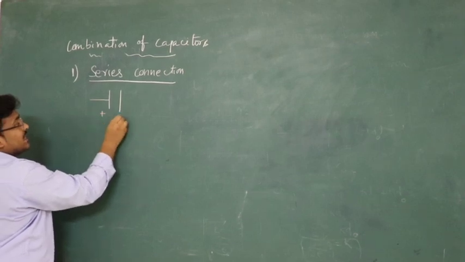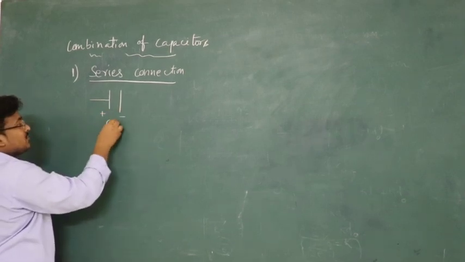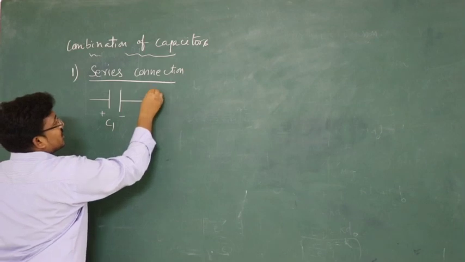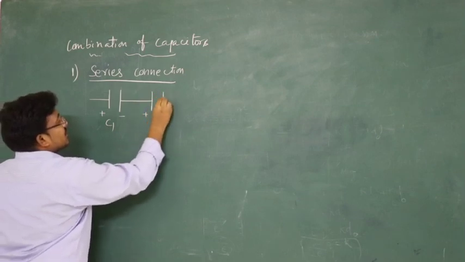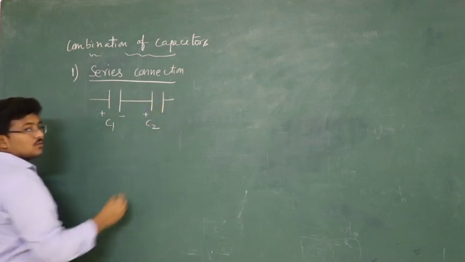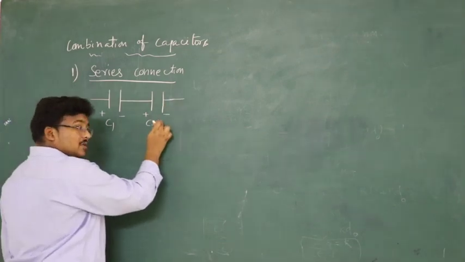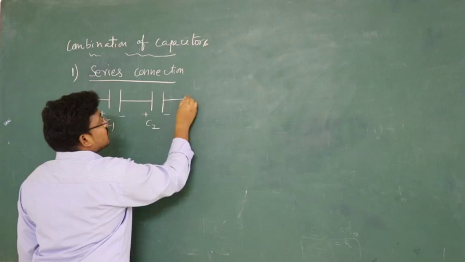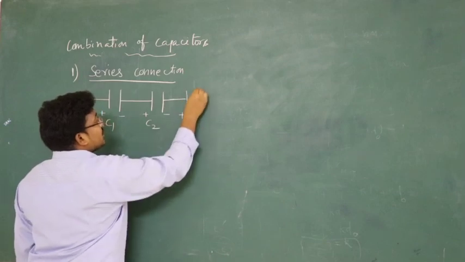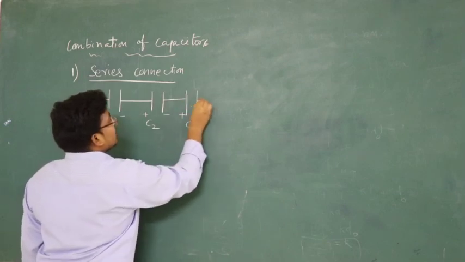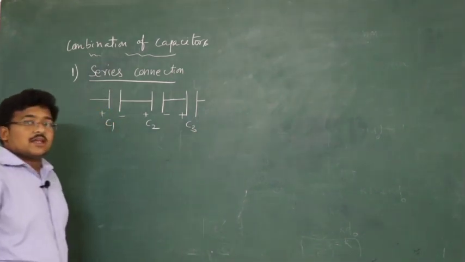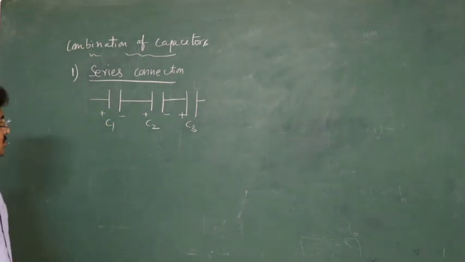So the negative plate of the first capacitor C1 is connected to the positive plate of the capacitor C2, and the negative plate of the second one is connected to the positive plate of the capacitor C3. If it is connected like this, then it is called a series connection.